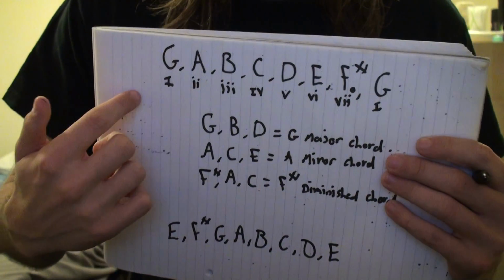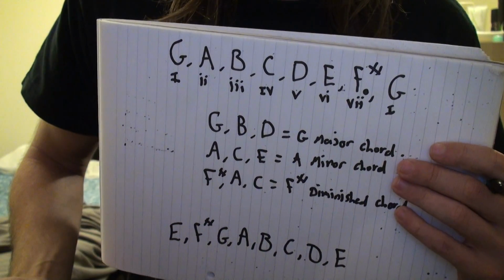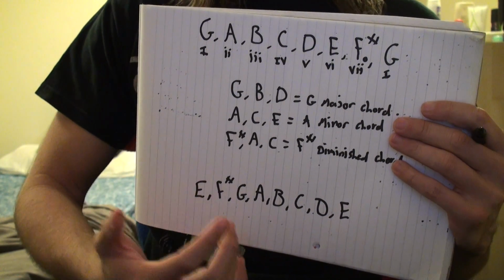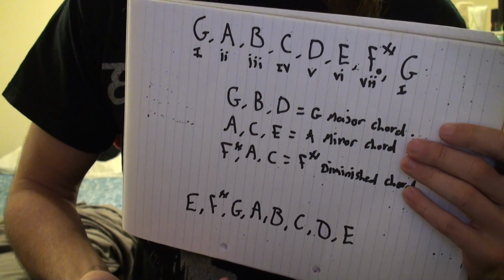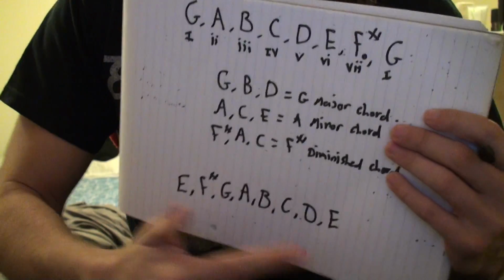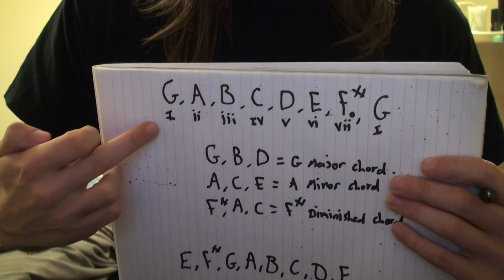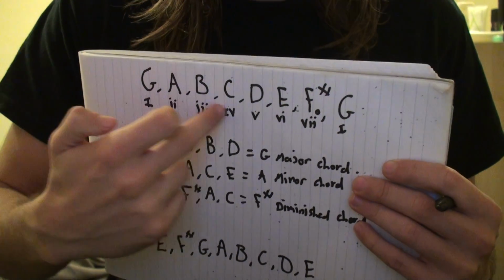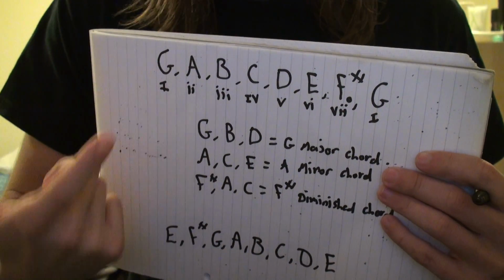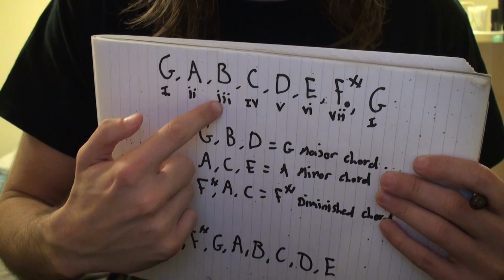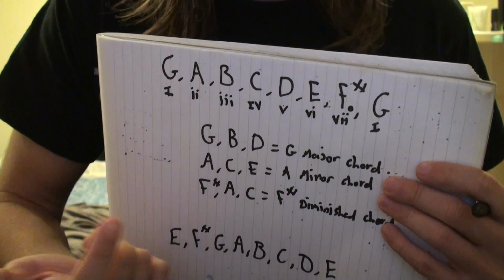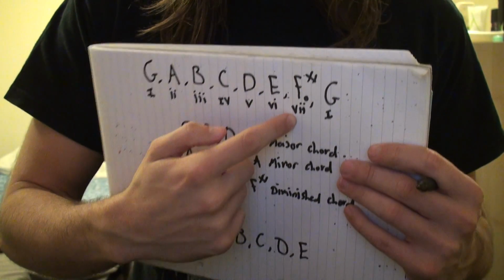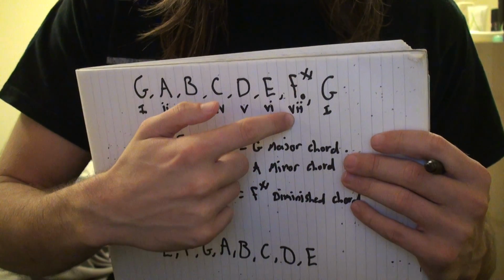What you do with the Roman numerals in a minor key is this: every single minor key uses the same Roman numerals, in the same order as every other minor key, same as how every major key will use these ones in this order. So every third note in a major key will be a minor chord, and every seventh note in a major key will be a diminished.